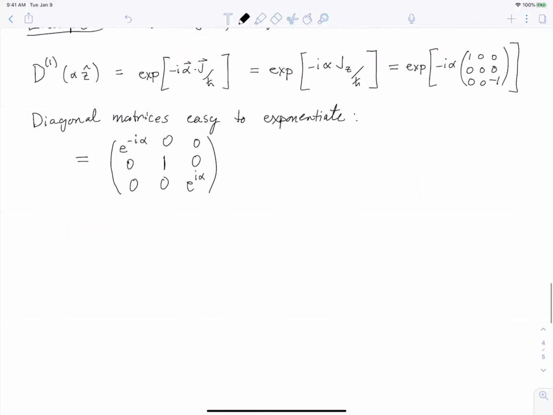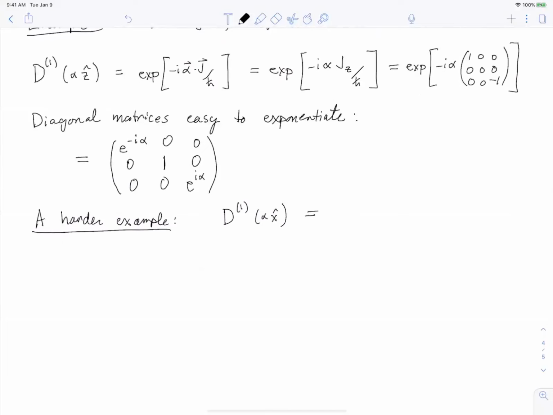Okay, let's do a harder example. So this would be a case where we're going to rotate in a spin 1 system, a j=1 system, but about the x-axis. Okay, so that's our angle.